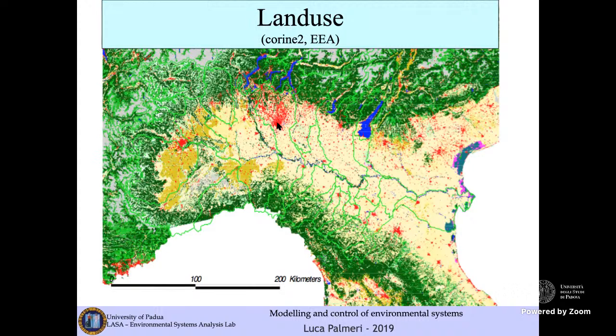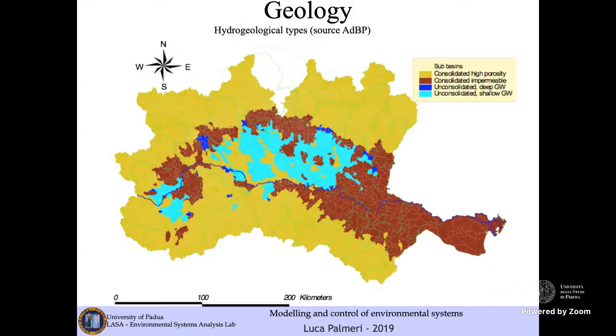In particular, red are urban areas, blue, of course, are water bodies, and greens with different colors, greens and brownish, refer to different land use, going from forest, through meadows, pasture lands, wetlands, arable land, and agricultural land, and so on. So the land use information comes from satellite imageries produced by the CORINE project.